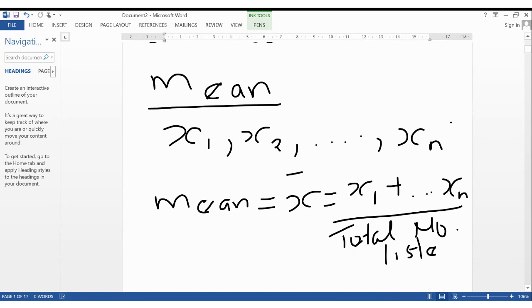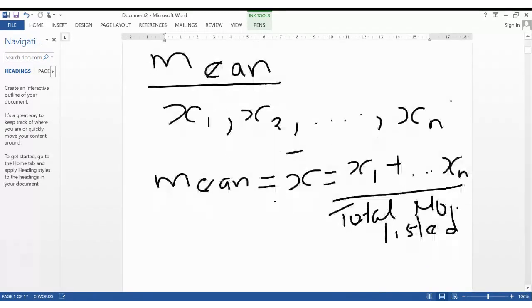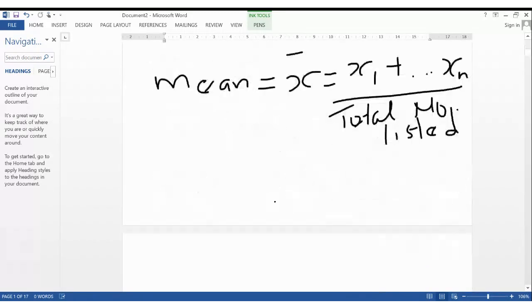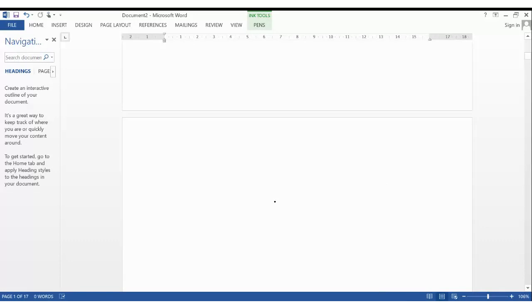So you just add up all the numbers and divide by the number of numbers that have been listed. That is the mean. I can go to the definitions first, and then we do the examples later.